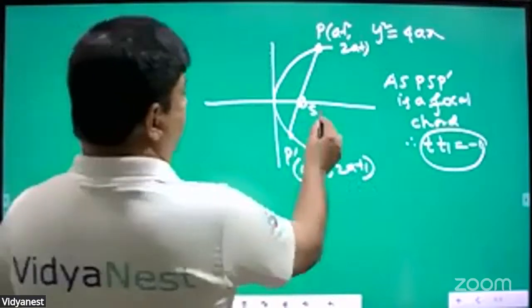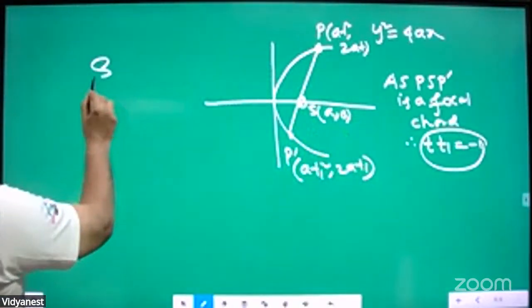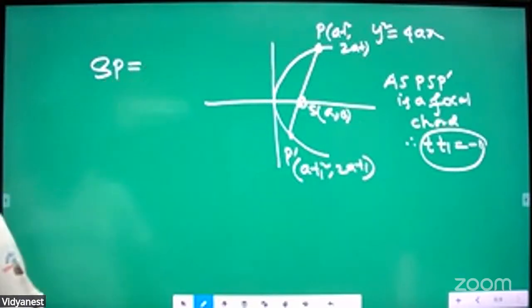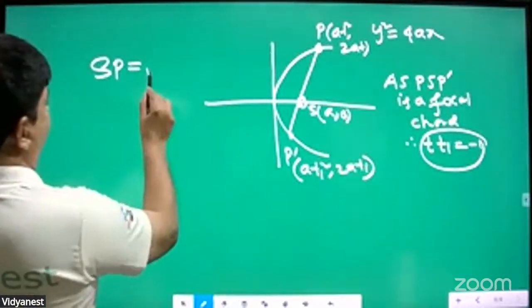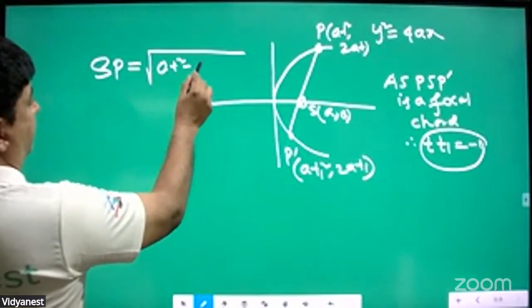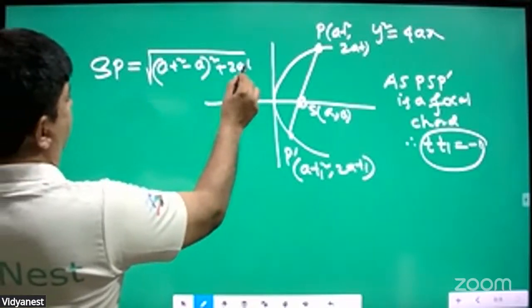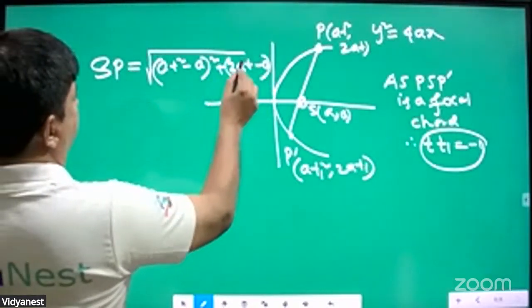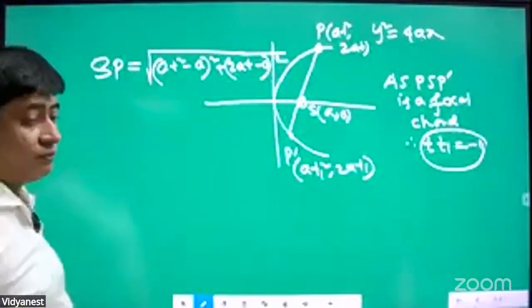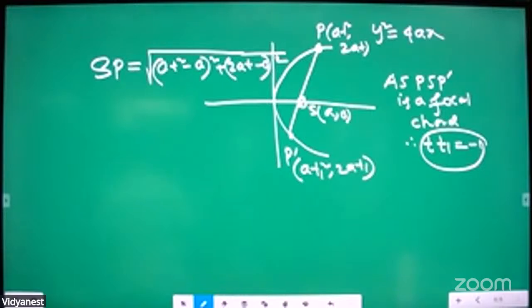Now, by distance formula, we can get the length of SP. Distance formula and the algebraical simplification. (at square minus a) whole square plus (2at minus 0) whole square.